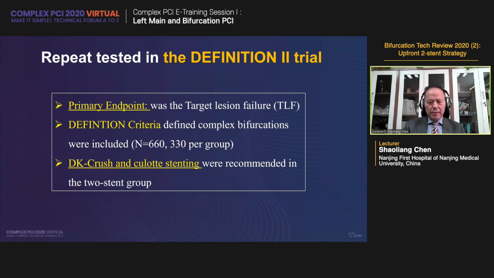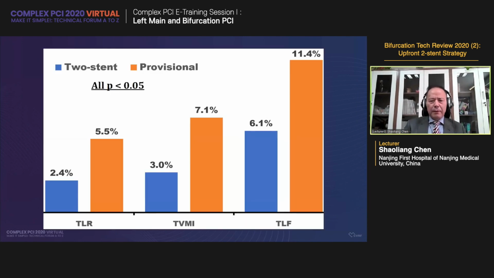All patients were classified as having complex bifurcation lesions according to the definition criteria. In the two-stent group, only DK crush and culotte stenting techniques were recommended. Finally, at 1-year follow-up, the TLF rate was 11.4% in the provisional group, compared to 6.1% in the two-stent group, largely because of the high rate of clinically driven TLR and target vessel myocardial infarction with the provisional stenting technique.